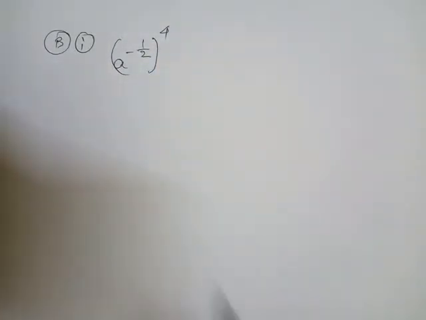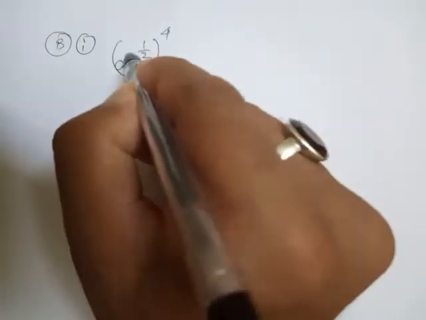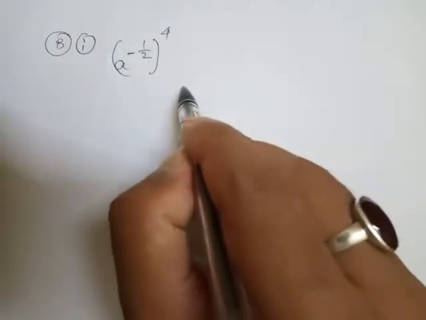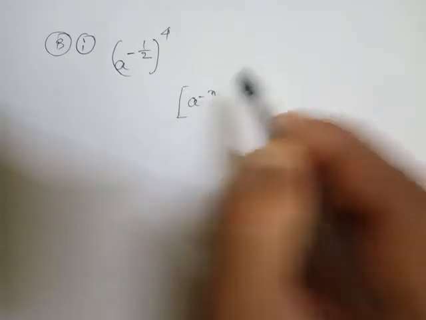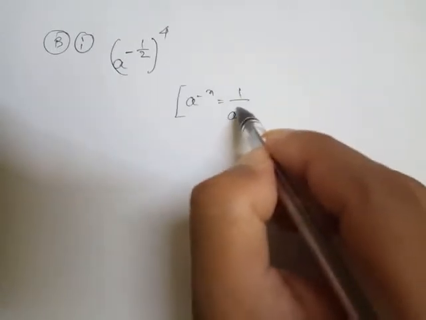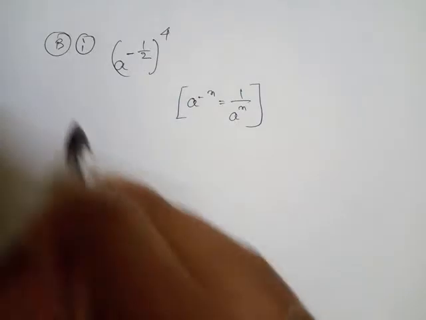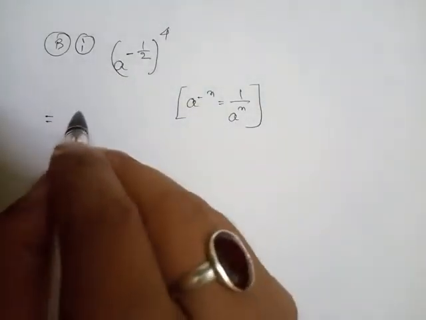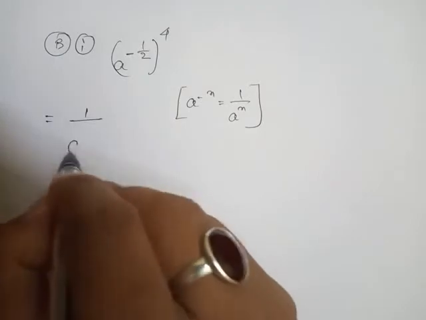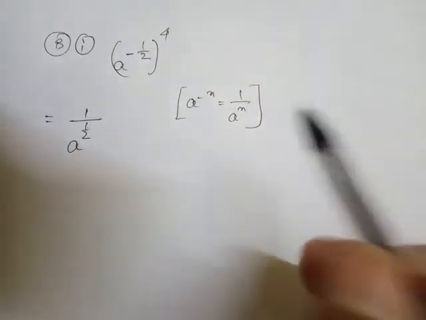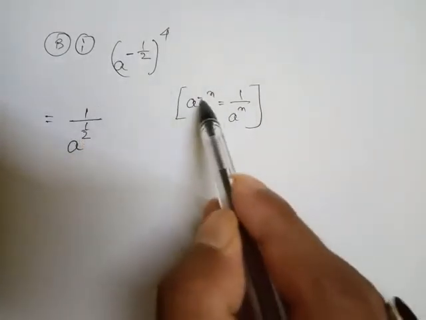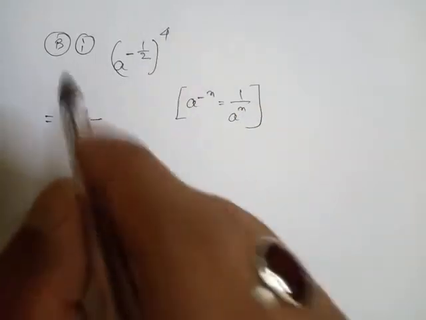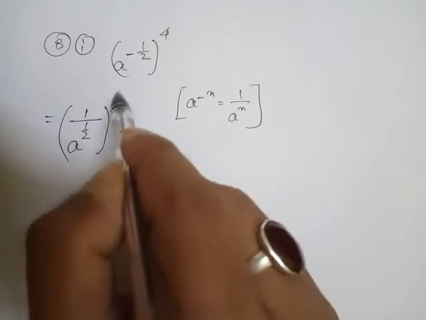This can be written by using the formula a to the power minus n equal to 1 by a to the power n. I repeat again, a to the power minus n equal to 1 by a to the power n. So we get 1 by a to the power half, and whole to the power 4.